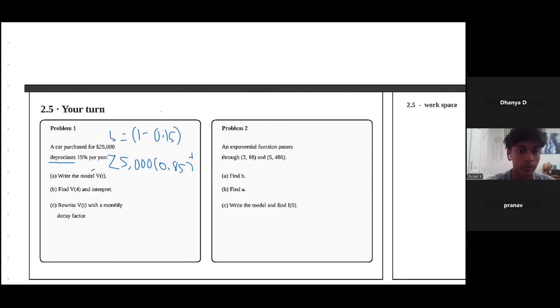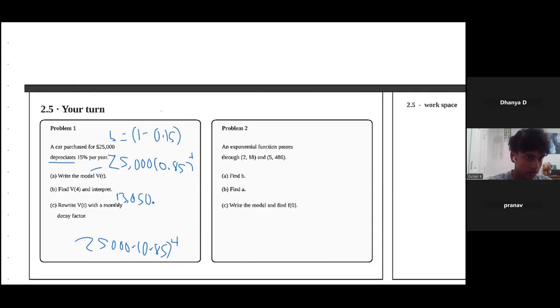Find V of 4 and interpret. So basically, we're going to put 25,000 times 0.85 to the power of 4. I just did this in the calculator, and it's approximately $13,050 and 16 cents.